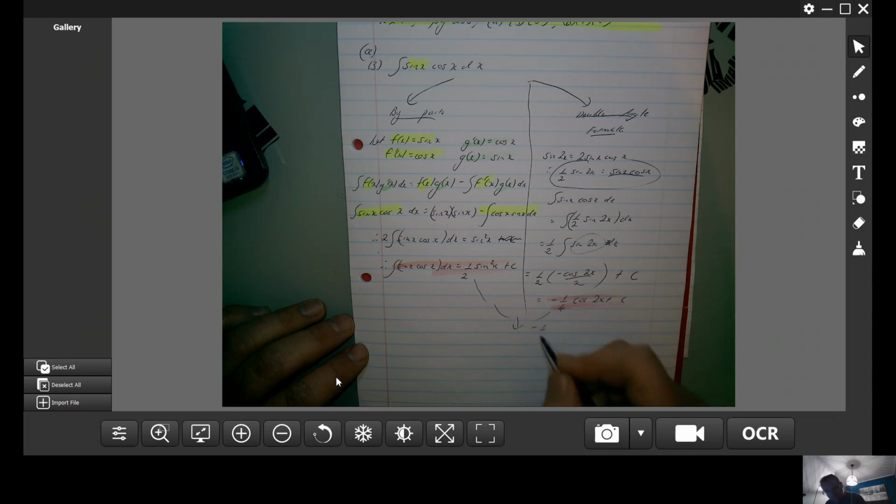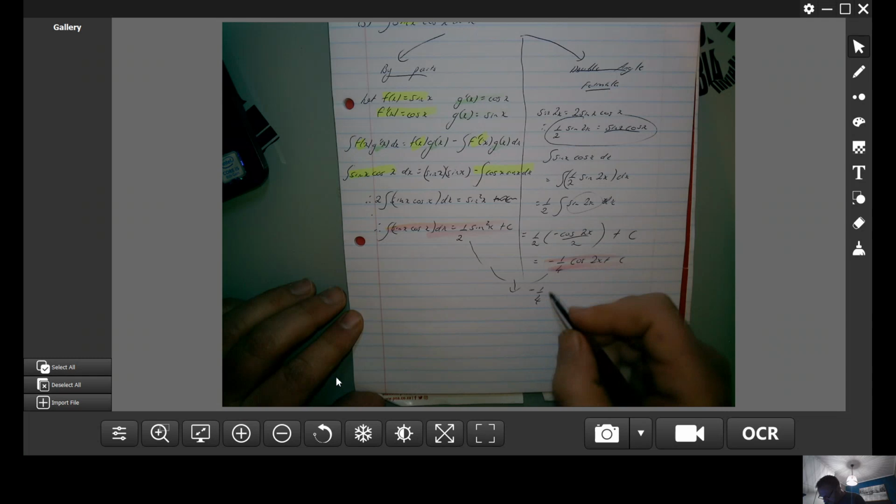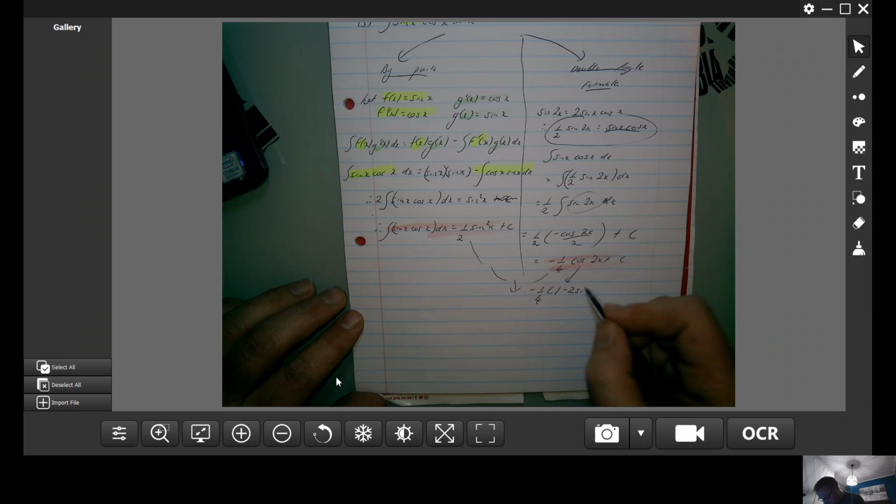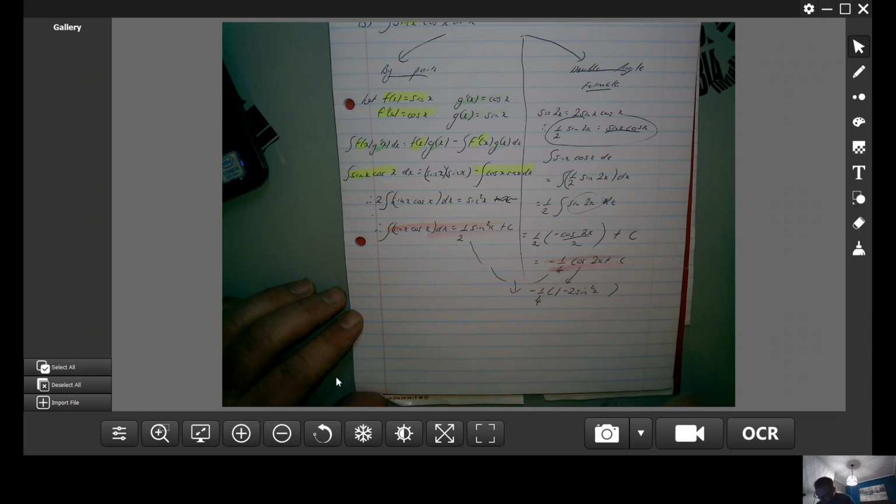Well, if I took negative a quarter cos 2x, well, cos 2x is the same thing as 1 minus 2 sine squared x, double angle formula, okay? Cos 2x is also 2 cos squared x minus 1, yeah, that's right. And if I simplify that, I get negative a quarter plus a half sine squared x.